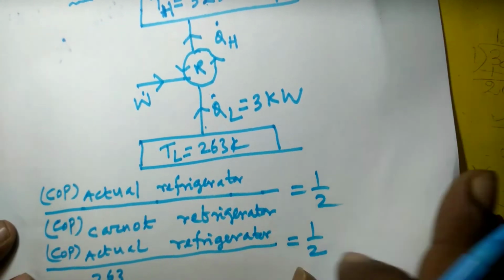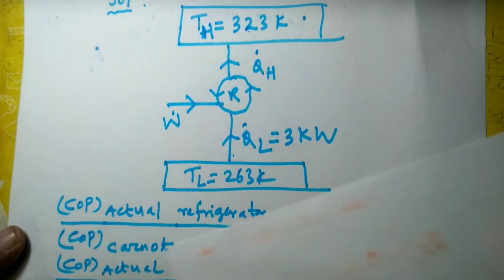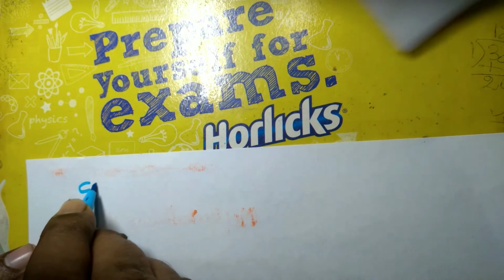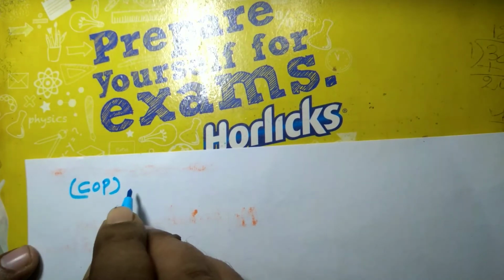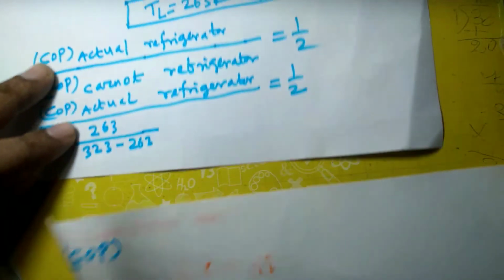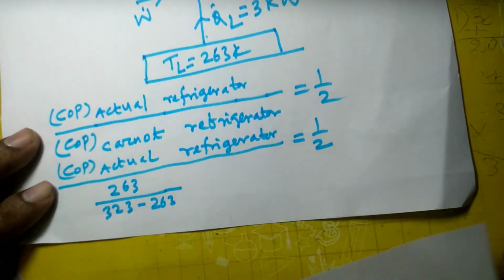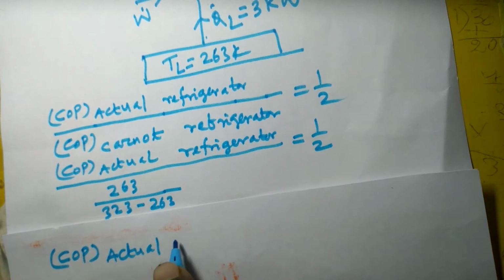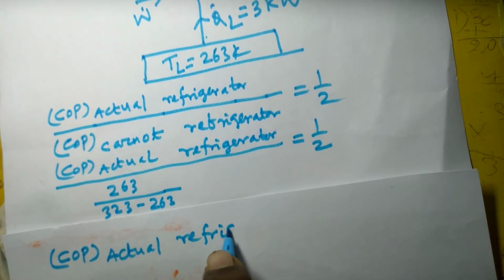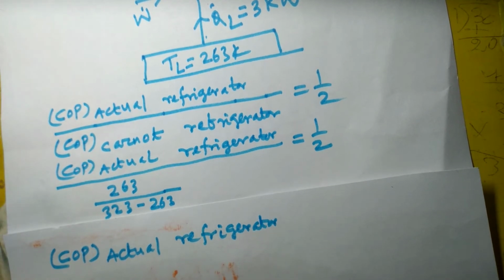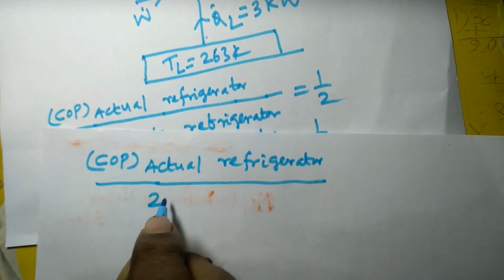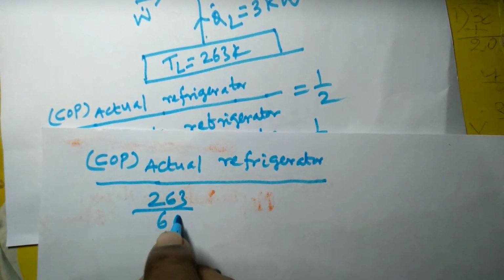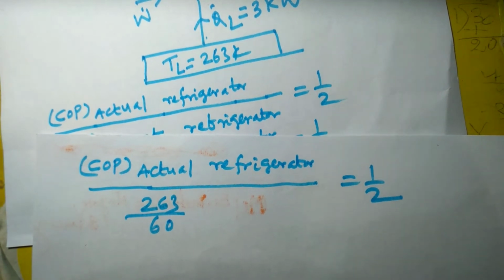So the COP of the actual refrigerator divided by 263 by 60 is equal to 1 by 2.